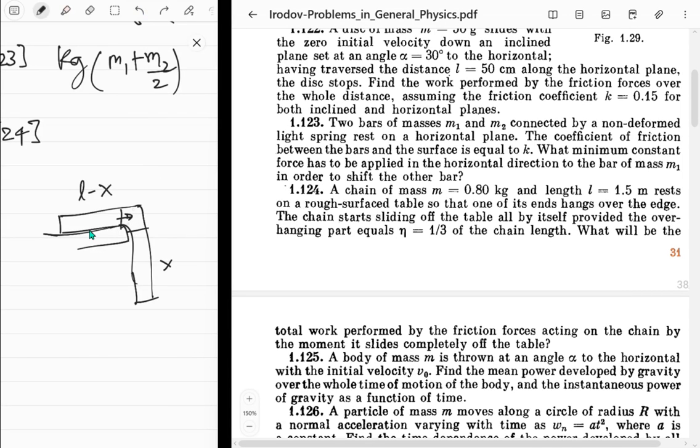Over here you have a normal force acting in that direction, but that's just a small part. Okay, this is complicated. Normal force doesn't do any work anyway. Throughout this, the normal force is just mg.